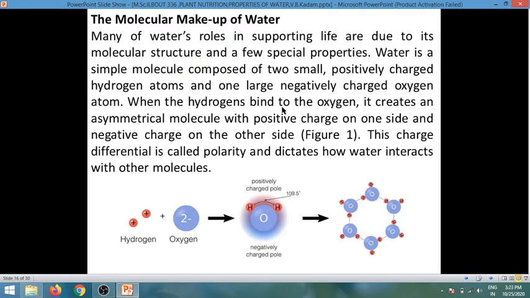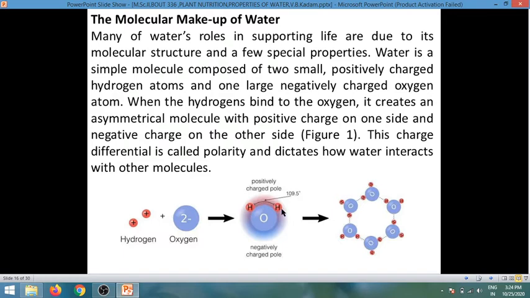When the hydrogens bind to the oxygen, it creates an asymmetrical molecule with positive charge on one side and negative charge on the other side. See, two positively charged hydrogen atoms combine with a negatively charged oxygen atom.